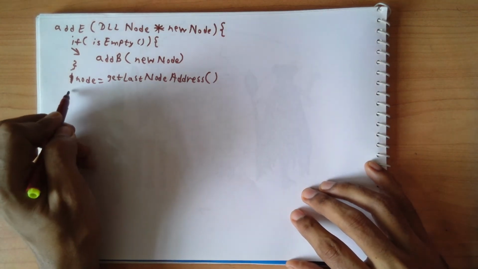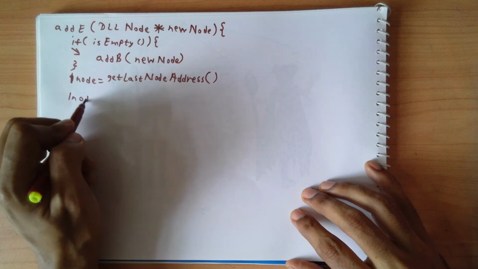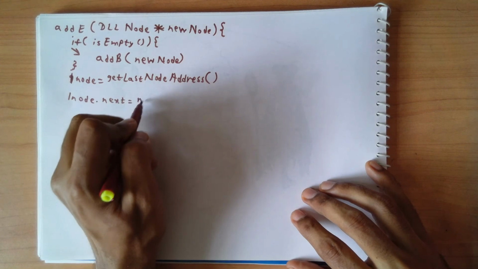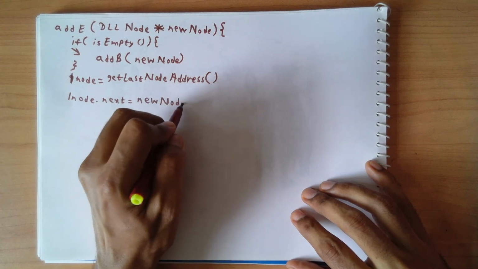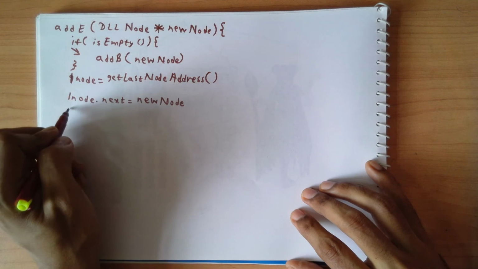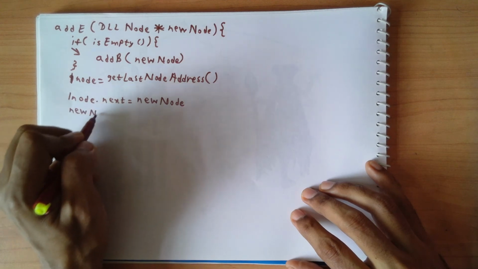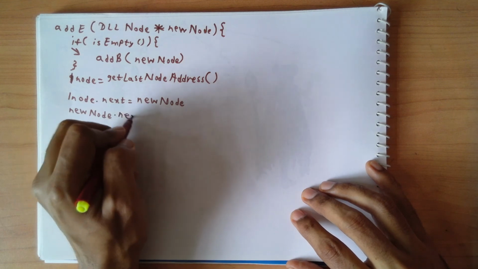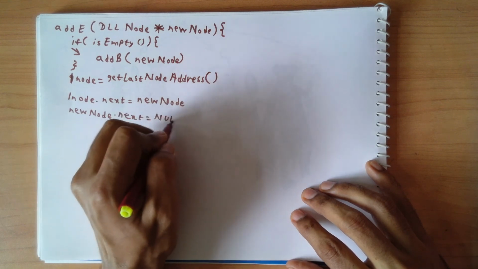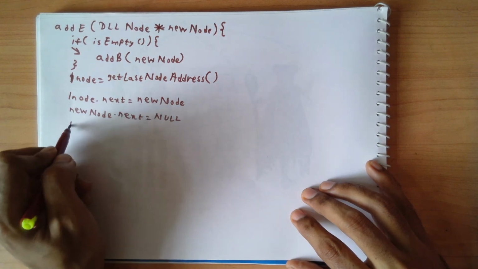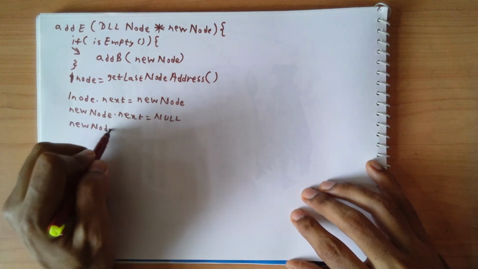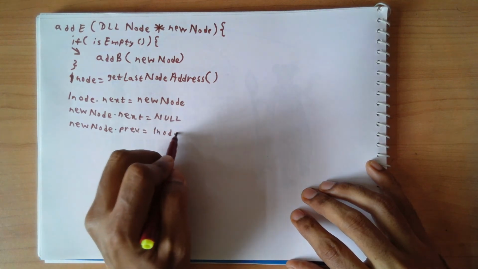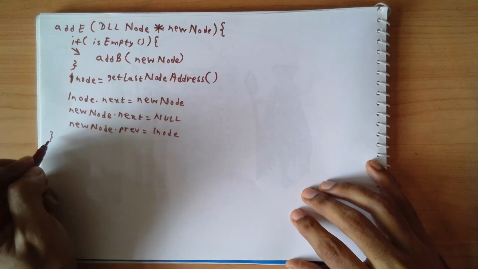We will say that this last node dot next should be equal to our new node, and our new node dot next should be set to null, and our new node dot previous should be set to our lNode. And then we are done.